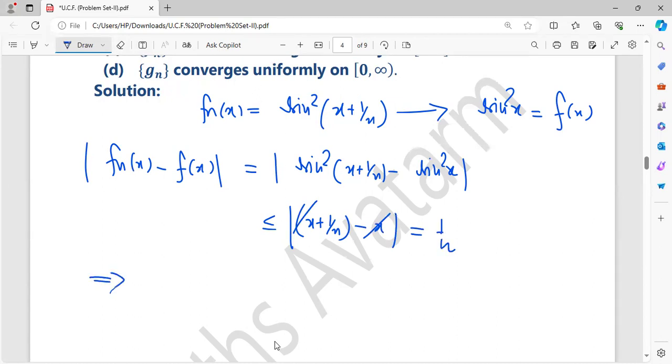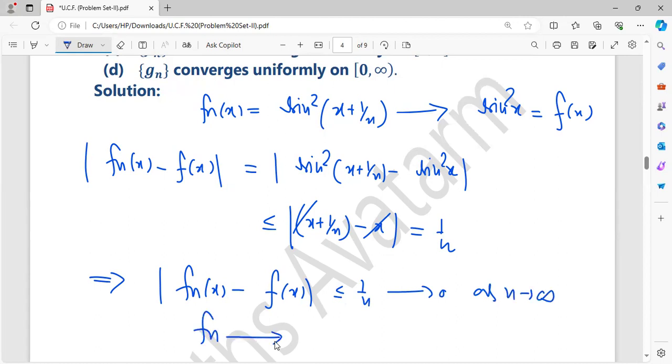It means |f_n(x) minus f(x)| is less than or equal to 1 by n. But this tends to 0 as n tends to infinity and does not depend on x. So it means f_n tends to f uniformly.